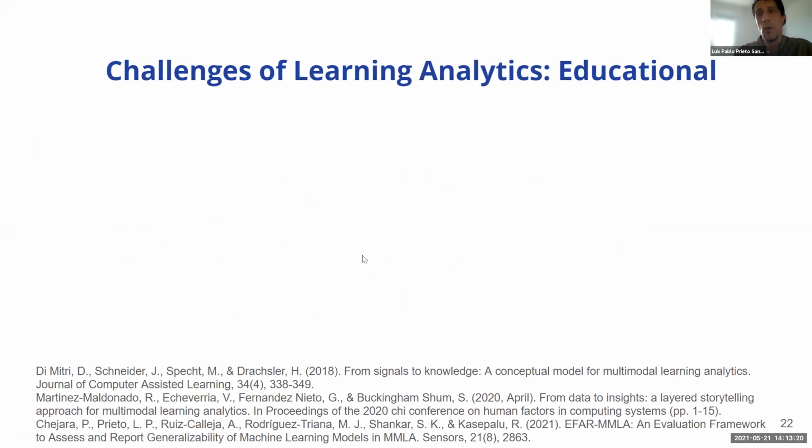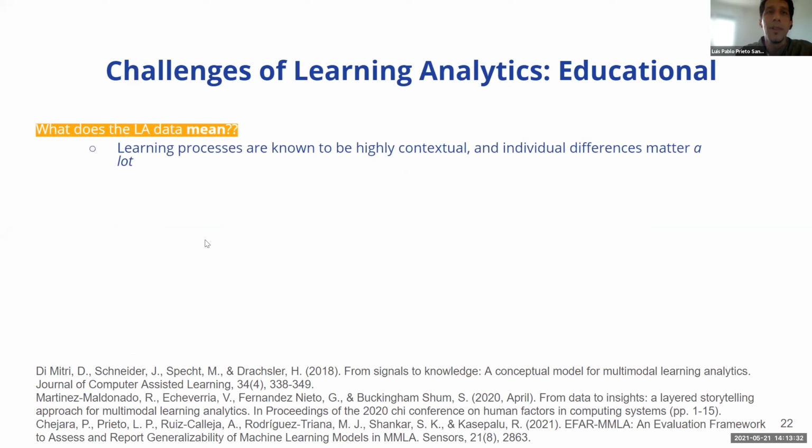So those are more like technical challenges. There's also educational challenges, which is again about, okay, what does the learning analytics data or this analysis mean really from the educational point of view? So we know the learning processes are known to be highly contextual, and individual differences matter a lot.